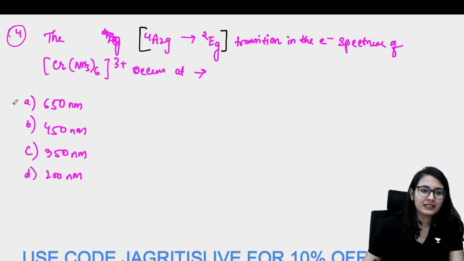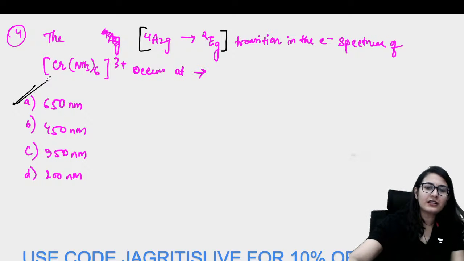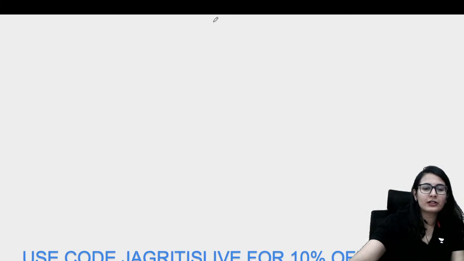You have to remember this. It's 650 nanometer. You will have to remember this. It is a forbidden transition from one spin state to another spin state, right? Yes, it is phosphorescence. This is your excited state and this is your lower ground state.